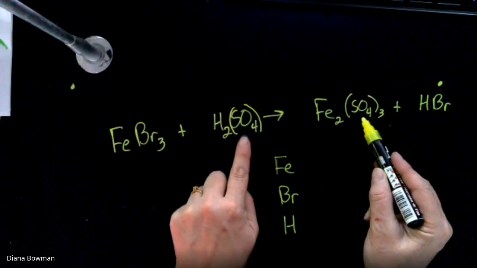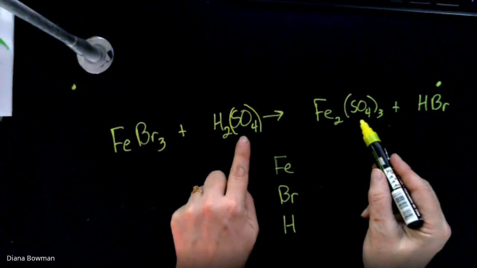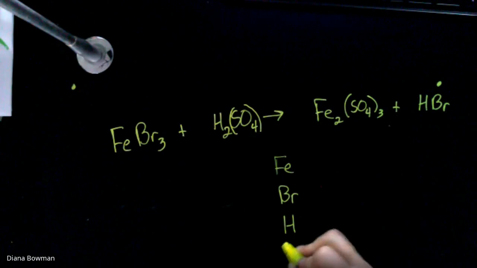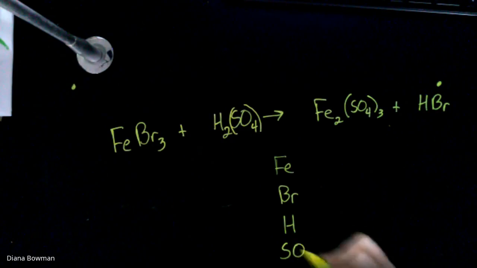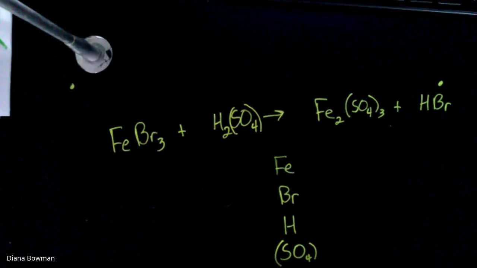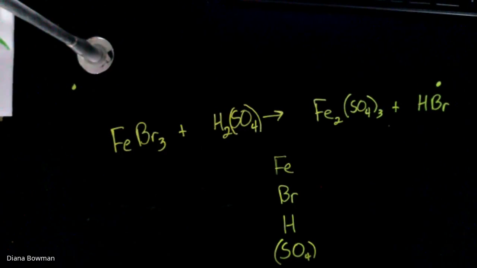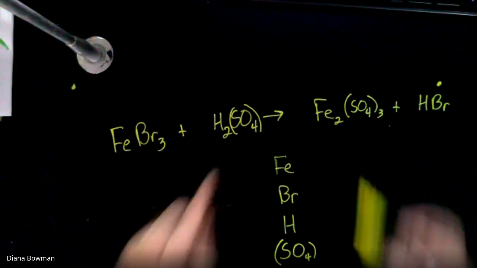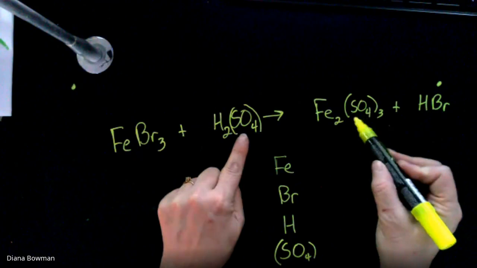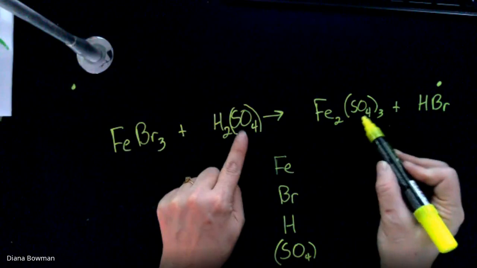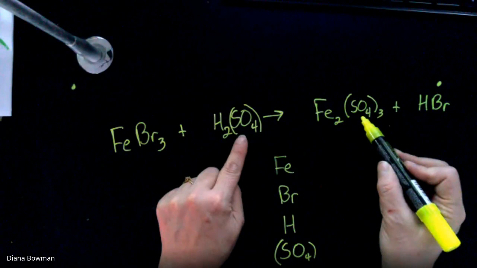When I see this on both sides, I'm going to just keep it like that and keep track of it that way. It's just easier instead of breaking out the sulfur and the oxygen. So I'm going to write SO4 in here like that. I know that's kind of a weird thing. We didn't get to spend a lot of time on polyatomic ions. We normally would, but basically when you see things like that that are in parentheses and they're on both sides, then we're going to keep them that way.